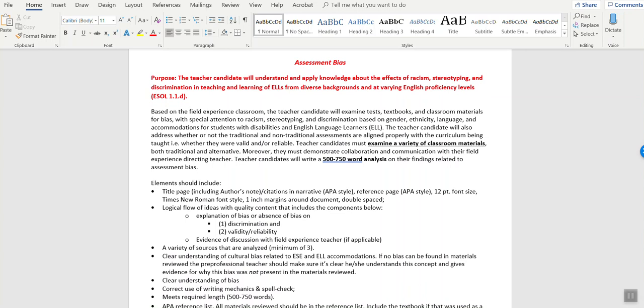Remember, when we talk about bias, there's two basic types of bias that we really discuss in this class. The first is discrimination bias, and this can be anything that discriminates toward a group of people, whether it's racial bias or gender bias or language bias. Any types of those biases would be that first one, and that's discrimination.